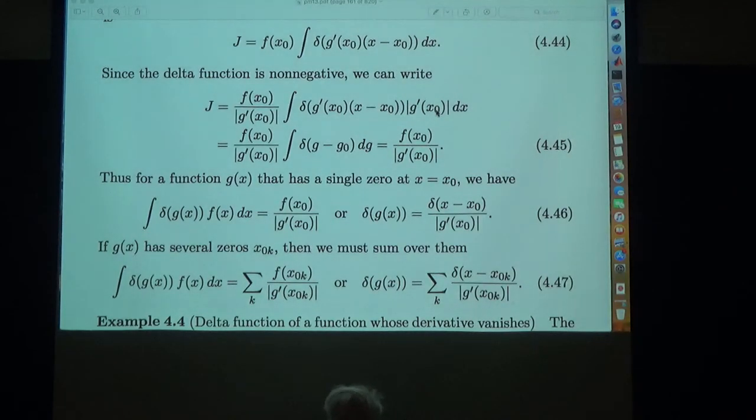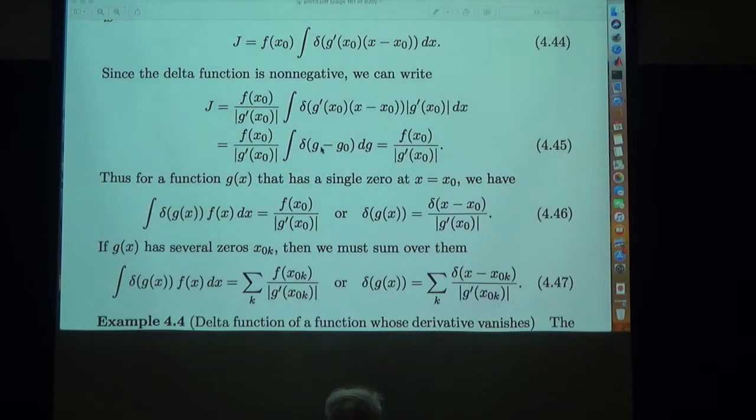But the only effect of that is that the sign of this whole thing is positive. But the sign of the right-hand side has to be positive because it's just the integral of a delta function, and that's always non-negative. So that's how I go from there to there.